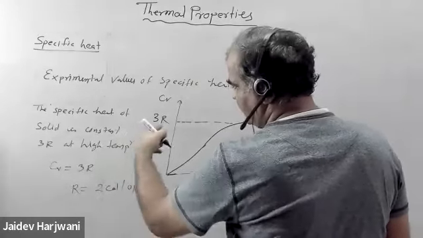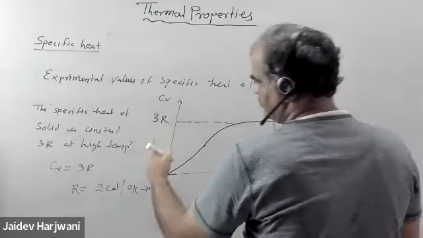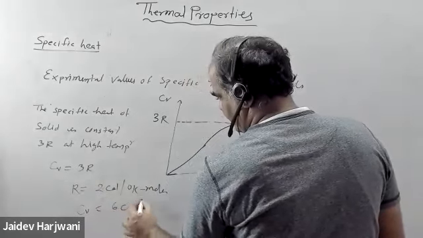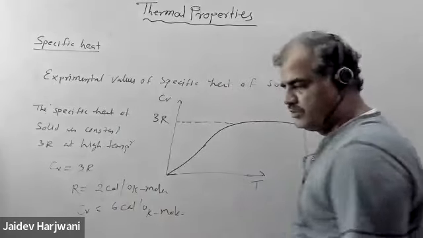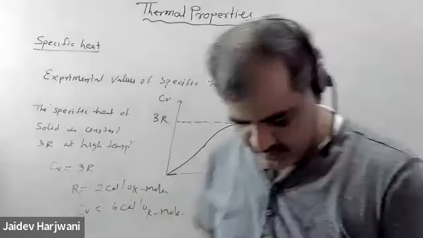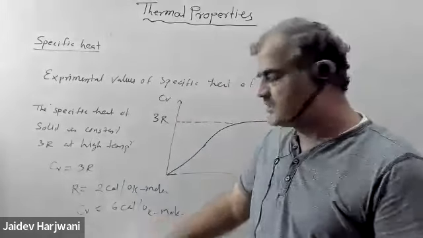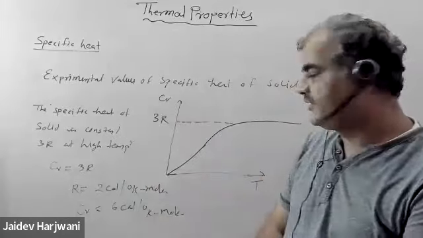This is a molar specific heat. Molar specific heat is 3R, so your Cv becomes 6 calorie per degree Kelvin per mole. So in order to increase the temperature of 1 mole of solid by 1 degree, you need 6 calorie energy, and that is fixed.